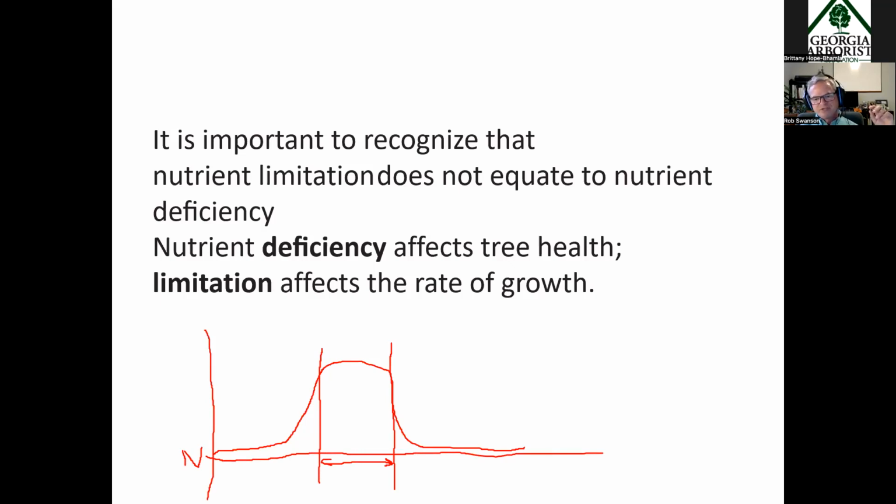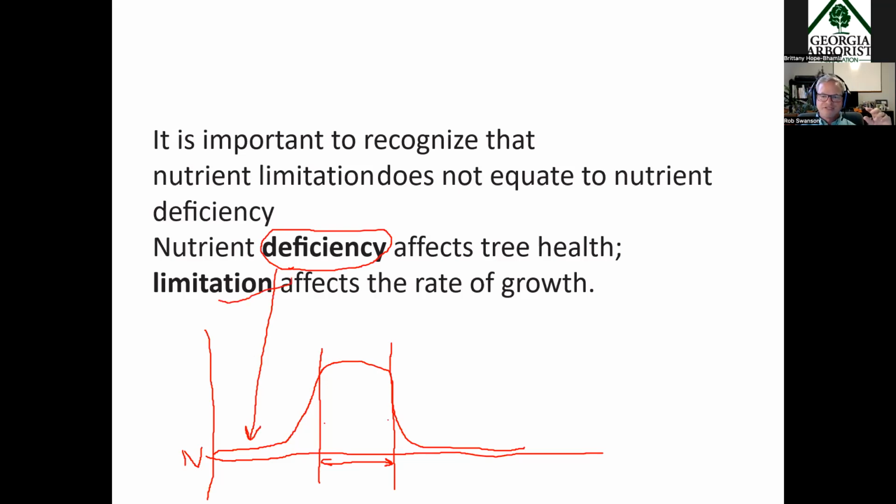So as nitrogen becomes less available, you actually get outside of what the tree can handle. So this might be a half a pound of nitrogen per 1,000 square feet, and this might be 9 pounds of nitrogen per 1,000 square feet over here. So once we drop below that, then you're actually going to have a deficiency that's going to result in poor tree health.